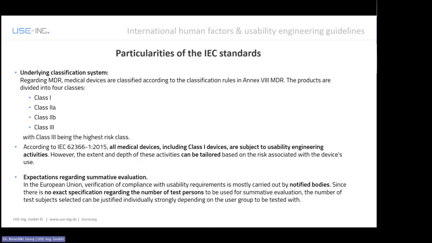But it must be said, it really strongly depends on the type of user group, the associated risk, or even the amount of formative activities that you have performed before coming to the summative part throughout your whole product development process. I personally, but this is, as mentioned before, not written down in the standard, have seen a range from 5 to 15 users per user group within those summative validation tests, according to the IEC standard.